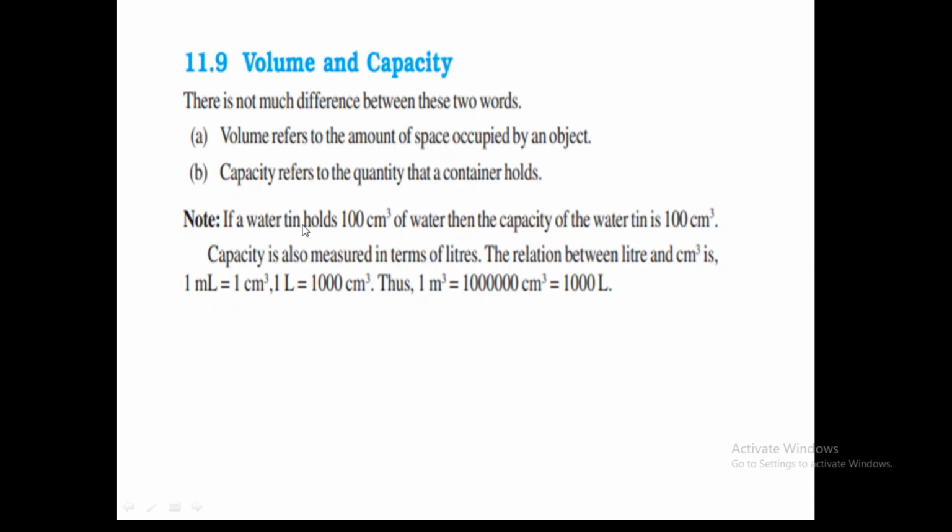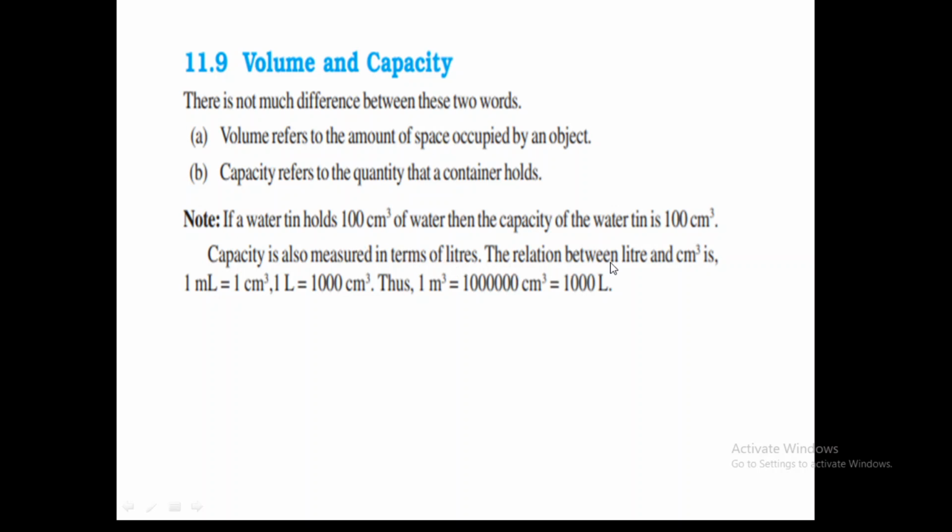If a water tin holds 100 centimeter cube of water, then the capacity of the water tin is 100 centimeter cube. This capacity is also measured in liters, if there is liquid in it, we can measure in liters, right?